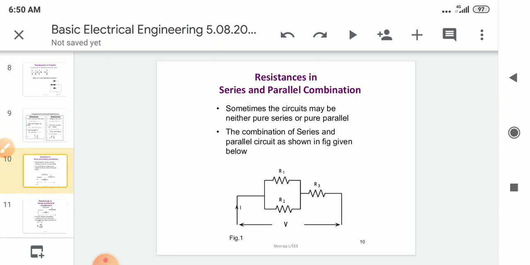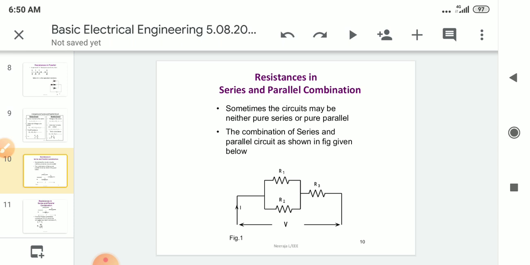Up to now, we have learned about series circuits of resistances and parallel circuits of resistances. Sometimes we need a circuit that is neither purely series nor purely parallel.